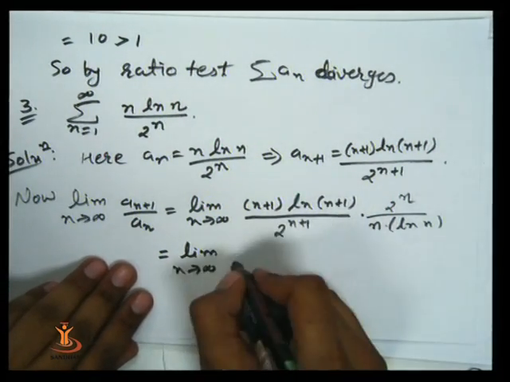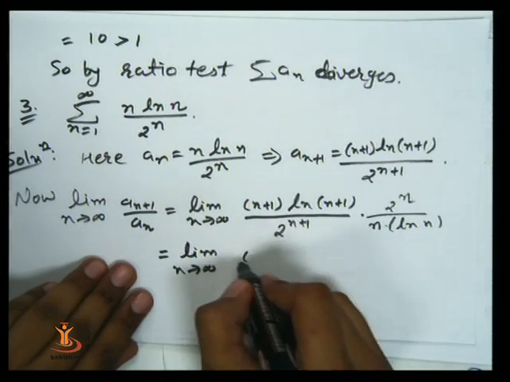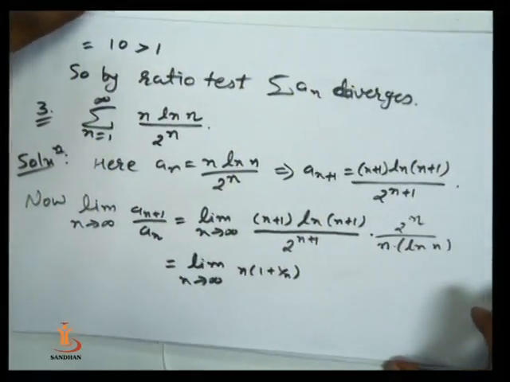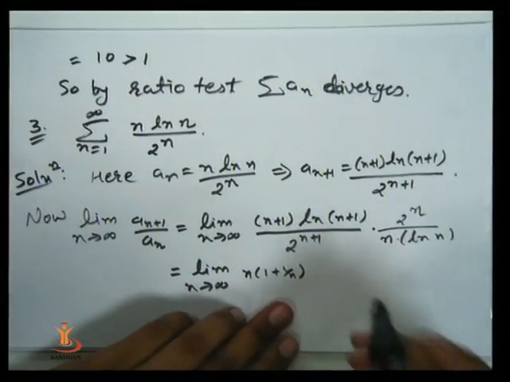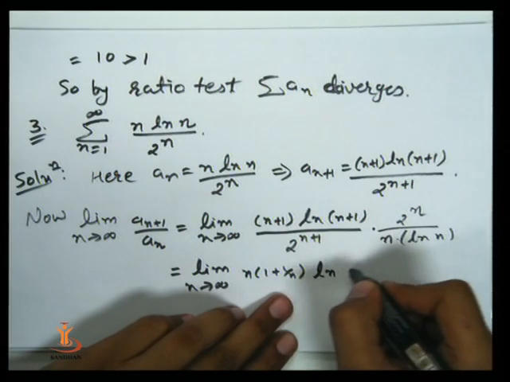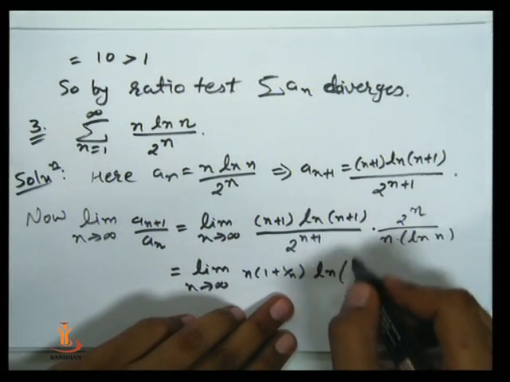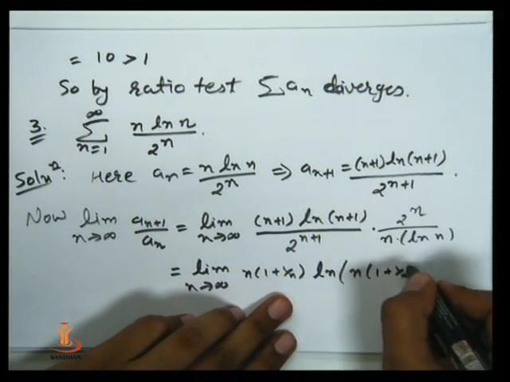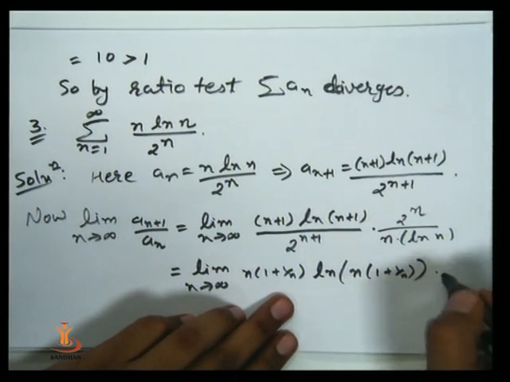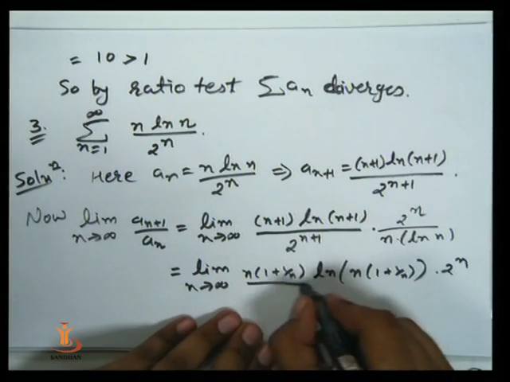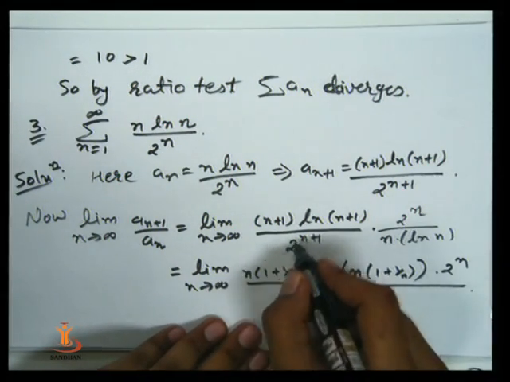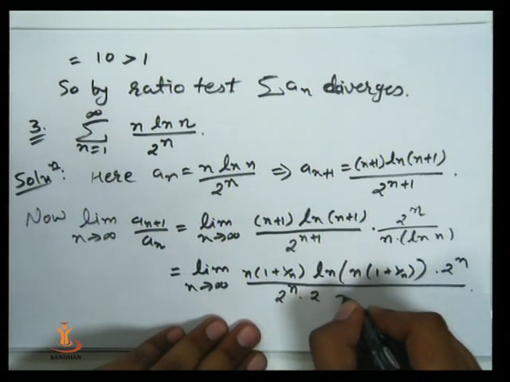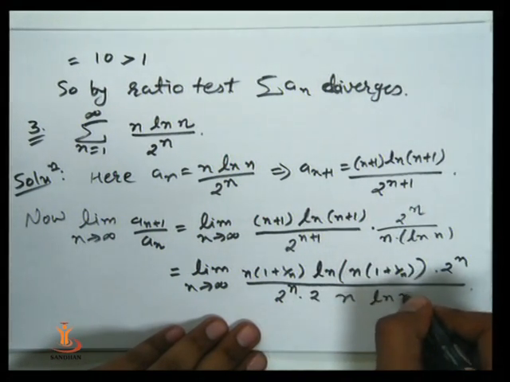Here we have n plus 1 is the same as n times (1 plus 1 upon n). Now for this ln(n plus 1), this n plus 1 can be written as n times (1 plus 1 upon n), into 2 raised to n which is already there, divided by 2 raised to n plus 1, which is nothing but 2 raised to n into 2, n times ln n.